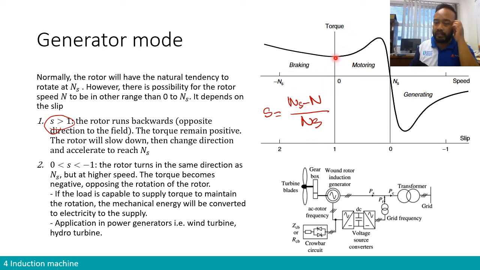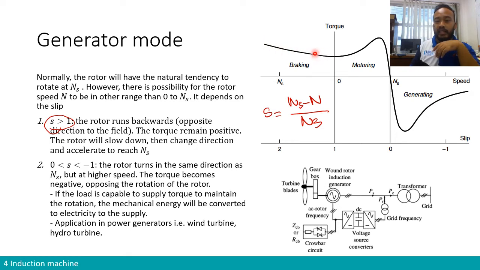For example, if it is 3000 RPM for a 2-pole machine, you have a certain induced current, but something is driving the machine to rotate in the opposite direction. If you are rotating in the opposite direction like this, you have a slip larger than 1, but the torque is going to increase.